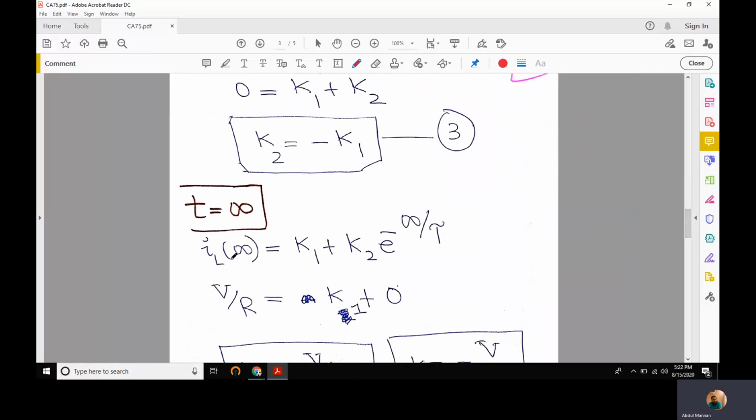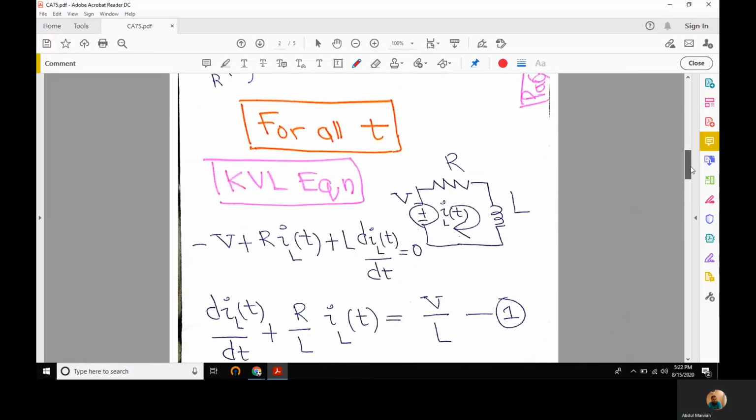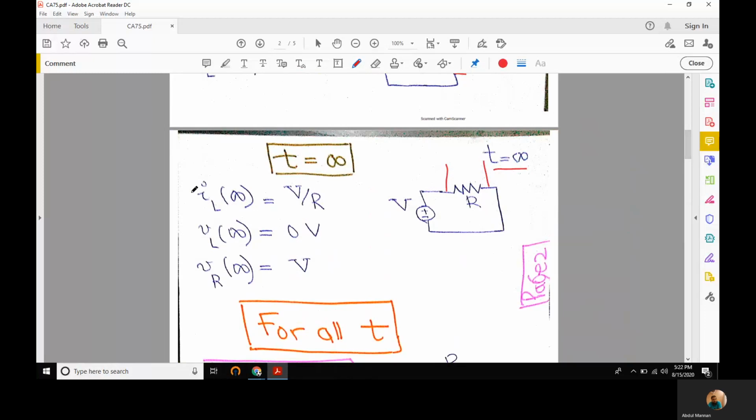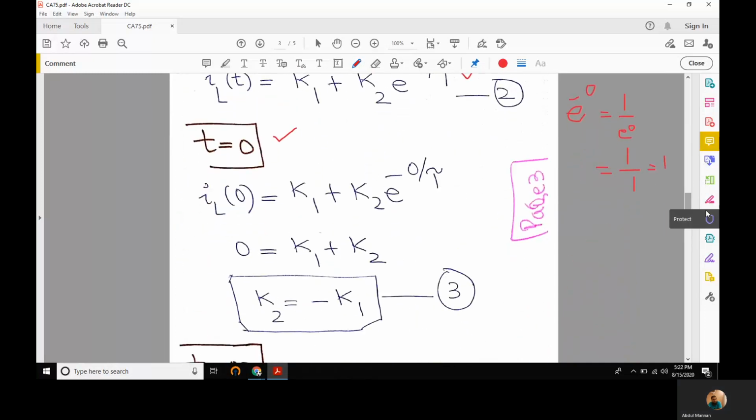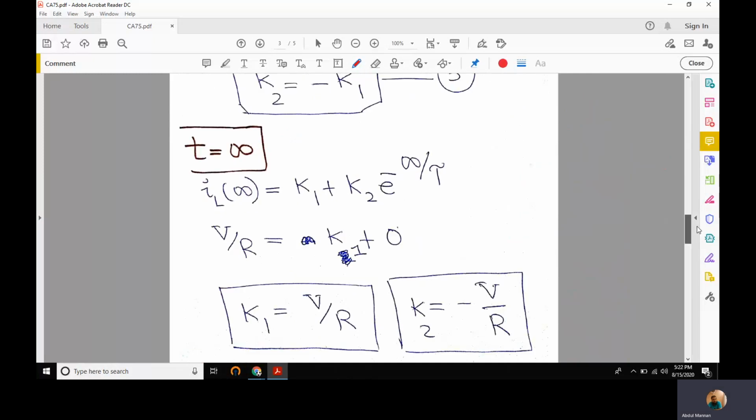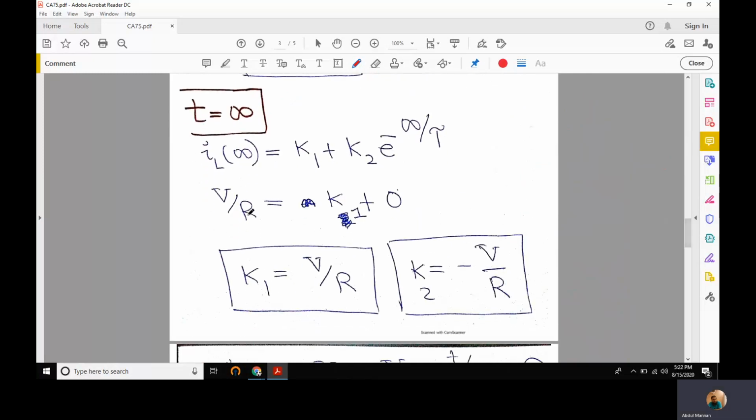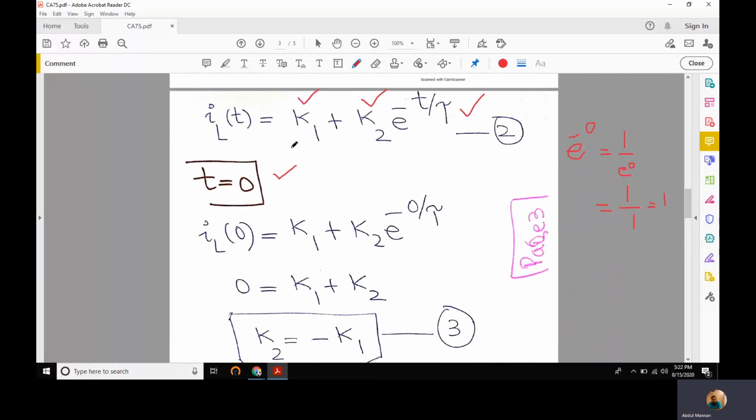At time t equal to infinity, we have already studied that the current is V over R, because the inductor is short circuited, and we have V over R current flowing as time approaches infinity. So I sub L at infinity is V over R. We put this in equation number 2: k1 plus k2 e to the minus infinity over tau.